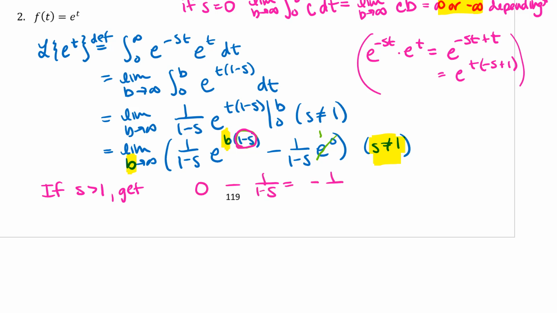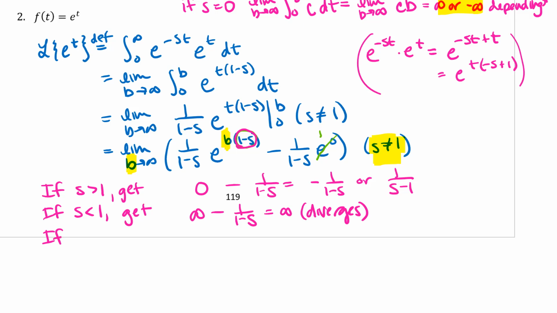So I get negative 1 over 1 minus s, or we can rewrite that as 1 over s minus 1. And again, that's for s bigger than 1. If s is less than 1, then that exponent I've circled there in pink will be positive, and so we will get infinity minus 1 over 1 minus s. So that will be infinity. And so our integral diverges.